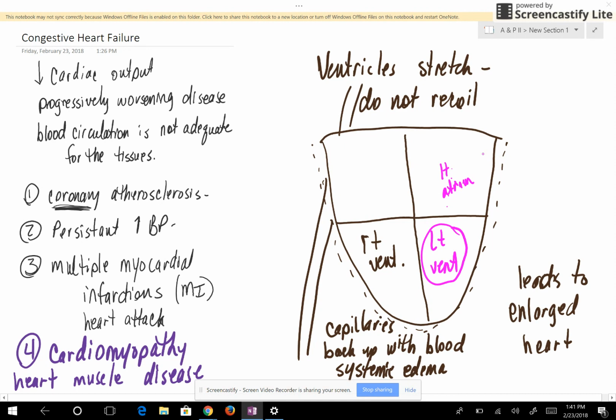The left atrium will not be able to receive all of the blood from the pulmonary veins. The blood will back up into the pulmonary capillaries. And the pulmonary capillaries will then have a higher pressure, and that's going to lead to pulmonary edema.